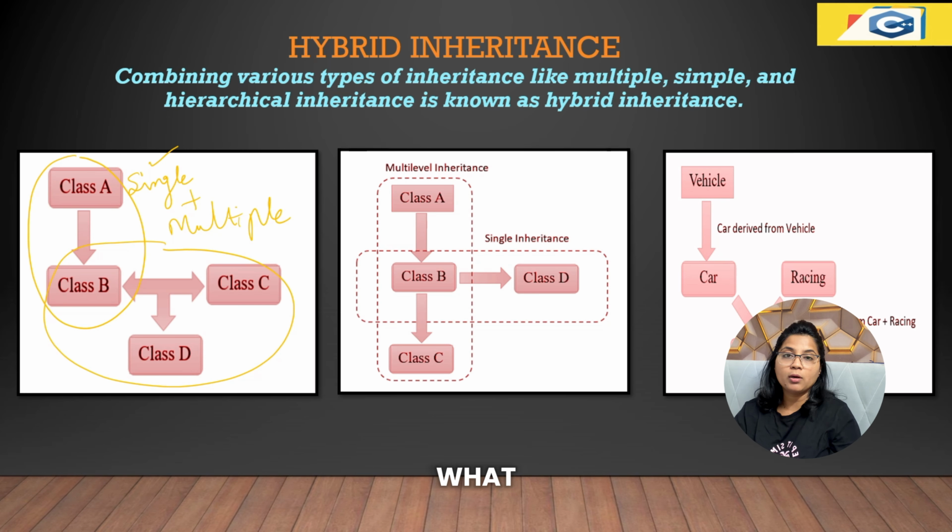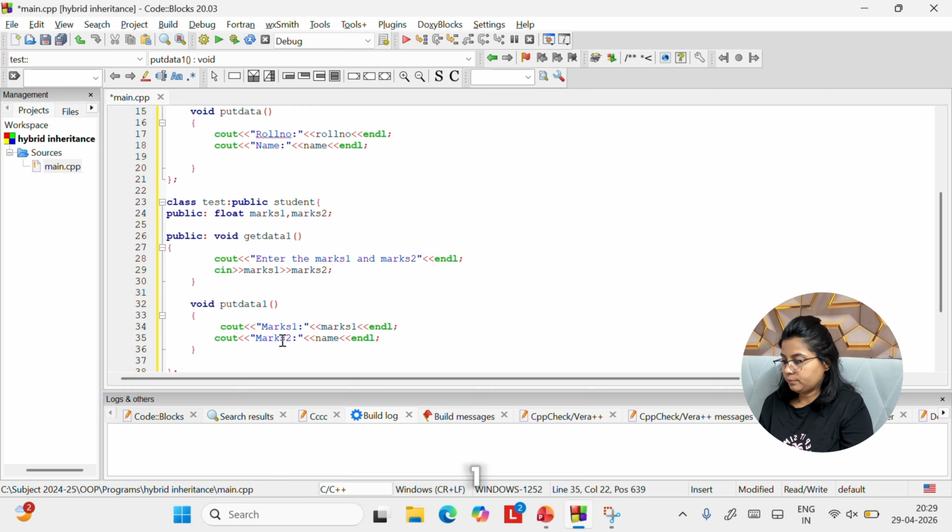Now write void put data. Just copy this, change this to marks 1, in which variable we have stored the value marks 1.